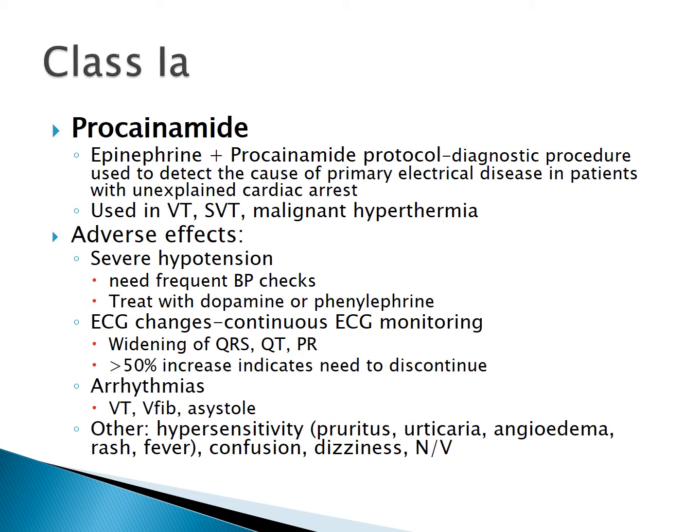You will need to watch your ECG for changes we discussed before, such as widening of the QRS primarily, and widening of the QT and PR due to slower conduction and longer systole. If you see a greater than 50% widening of these intervals, then procainamide is stopped, or you can end up with arrhythmias. Other adverse effects are hypersensitivity syndrome, confusion, dizziness, and nausea or vomiting.